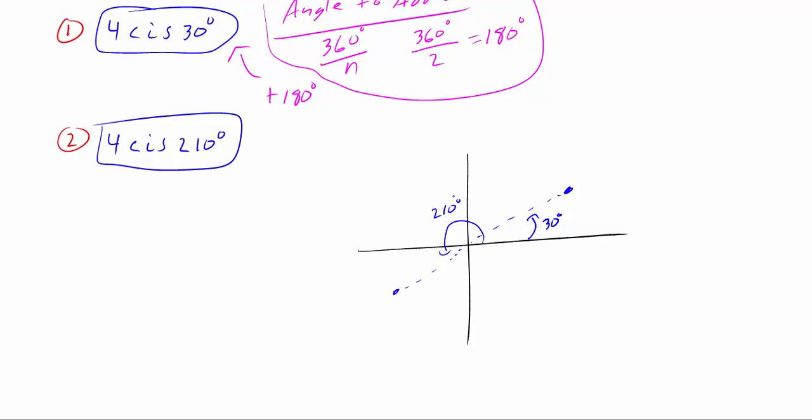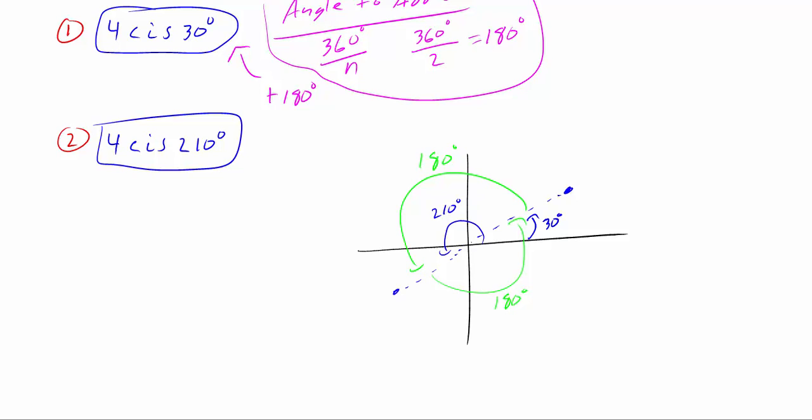That's because these roots are going to be equally spaced. So if we look here, the distance from here is 180, and then to the very next root, which is where we started, all the way back around here, is also 180 degrees. So if we happen to have cube roots or fourth roots or fifth roots, each root would be separated by the same angle. In this case, we only have 2, so they're separated by 180 degrees.